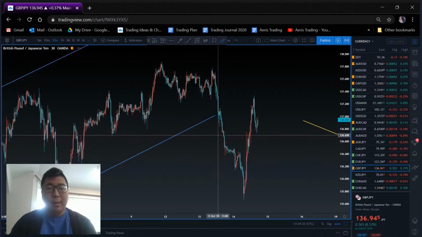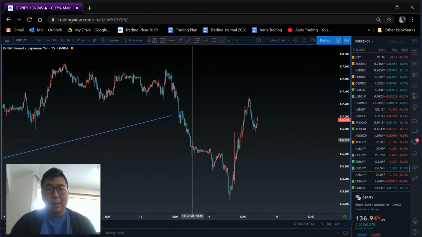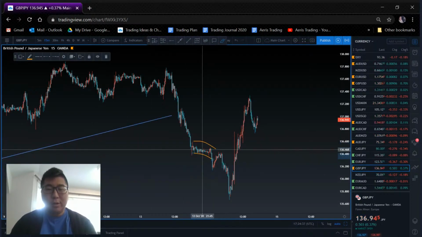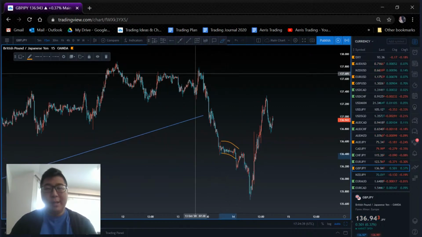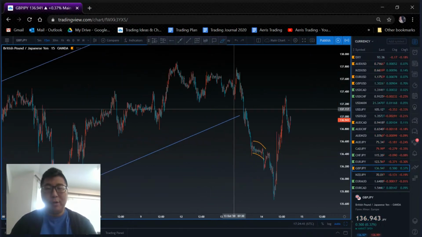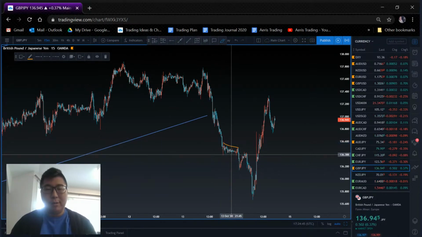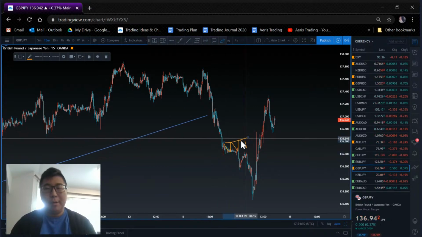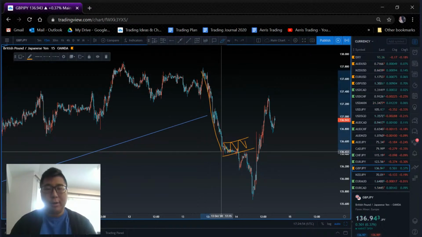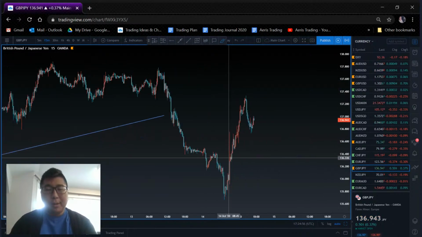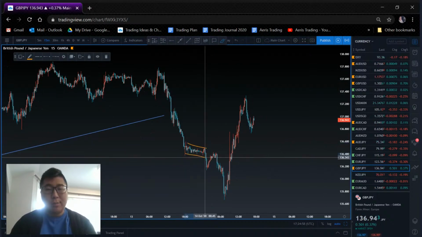When someone messaged me asking if this was a correctional structure, no, because we impulsively broke out very strong, I don't want to just see some 5 minute structure. I want to see something a little bit more tangible, right? You want to have a little bit more top and bottom, telling you that this is potentially a correction to correct this move. It's not that this is not a correction, it's just too small for my liking.